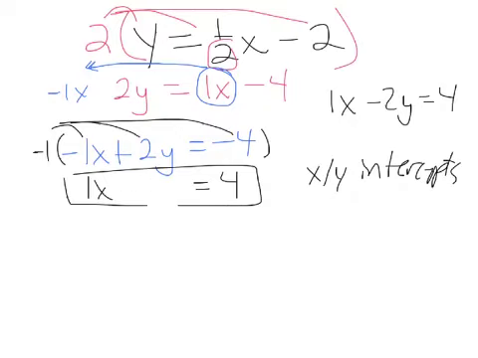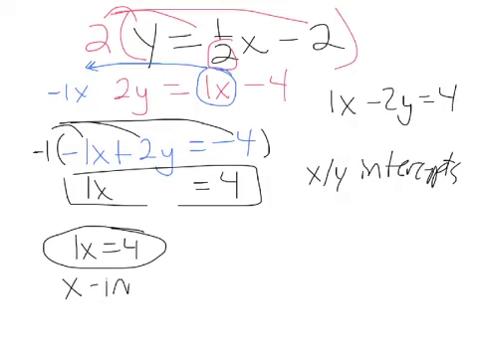If I cover up that y and write what's left over, I have 1x equals 4, and that is the x-intercept. X equals 4, so we would write that as 4, 0. So to find the x, you cover the y.